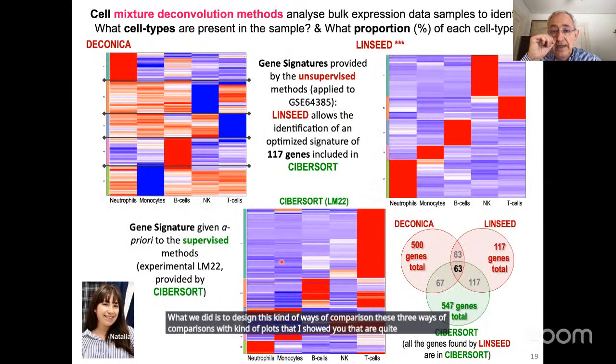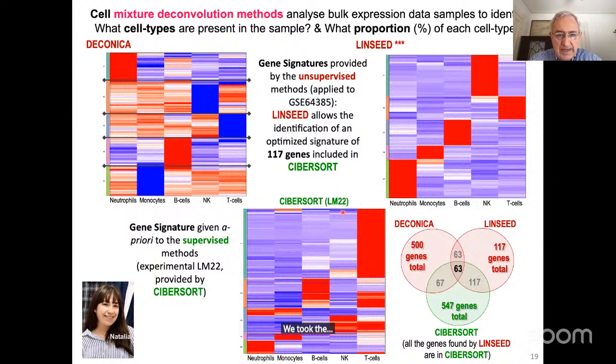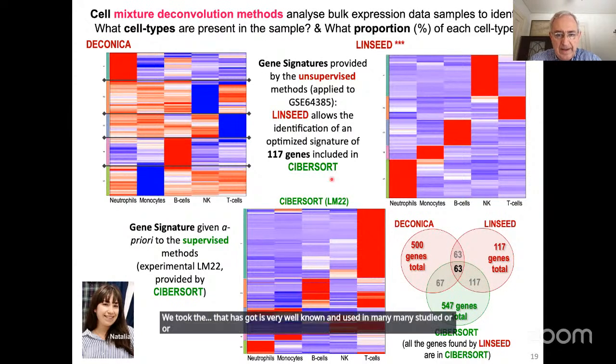And this last is a comparison of the Linset method, that in our hands was the one that performs better. And we even took the Cibersort matrix that is very well known and used in many studies on single cell analysis of hematological immune cells. The LM22 is called like that because it has 22 different cell types identified, mainly, as I said, immune and hemato.